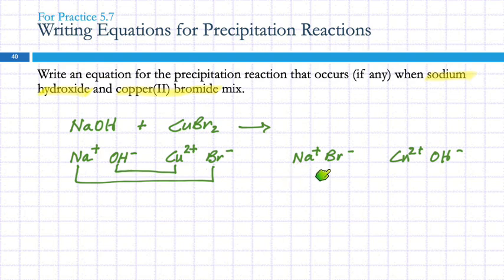Will sodium bromide be soluble? Yes. Because that first line takes care of a lot of things, right? Sodium, lithium, potassium, ammonium, anything with that in there is soluble. So this is soluble. And then we have to look at this one, Cu2+ and hydroxide.